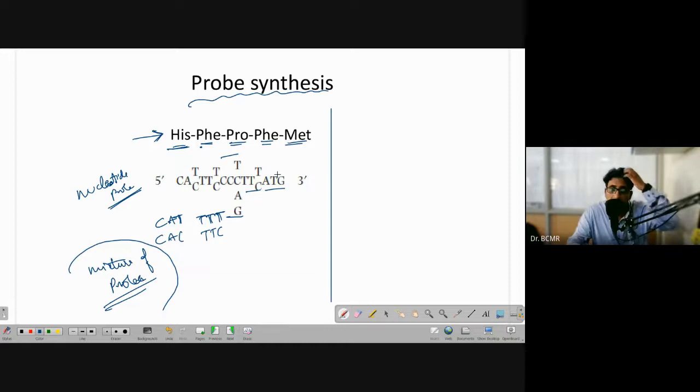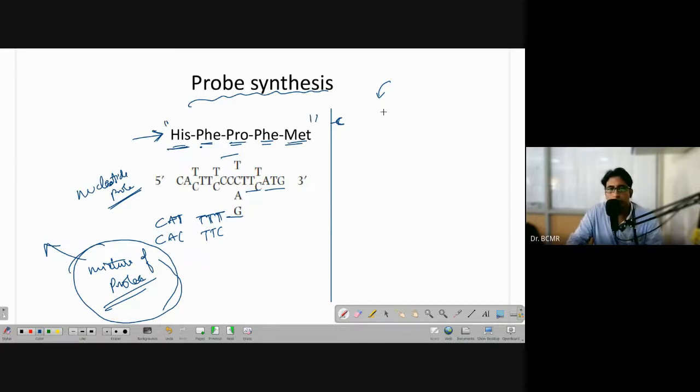So I want to make a probe, and I want you to tell me how it should be done. First, I will add C. And what should I add next? Remember, my goal is to make a mixture of probes, all of which would be coding for this peptide.